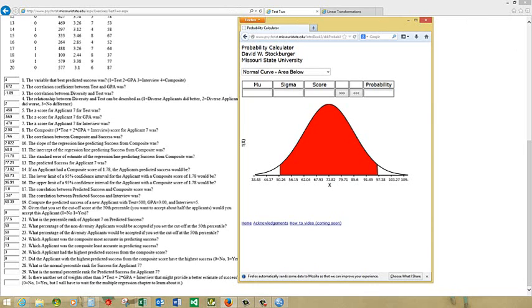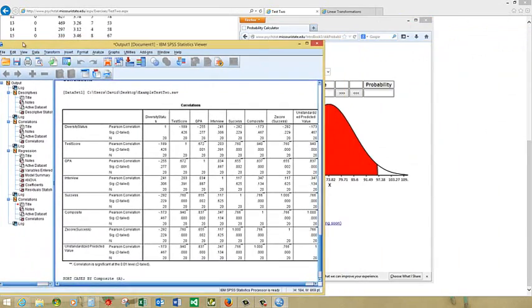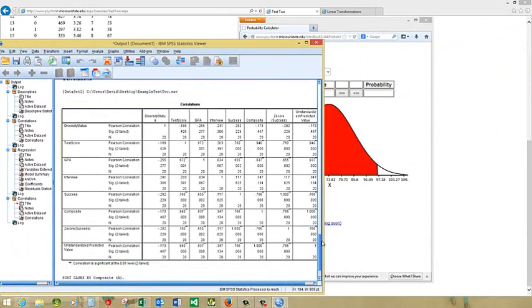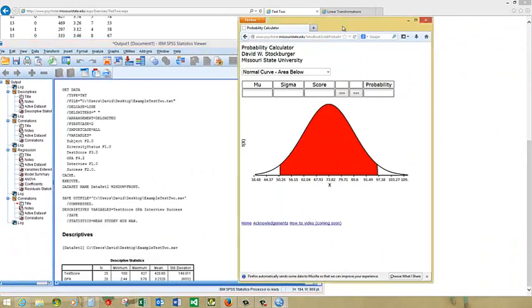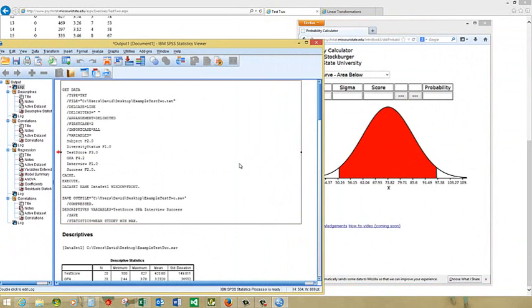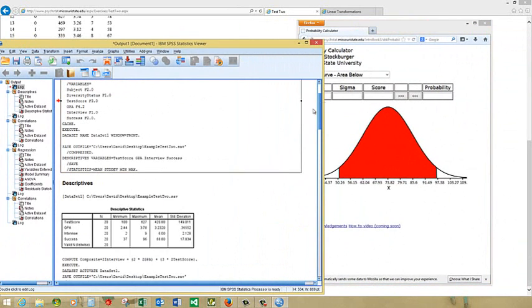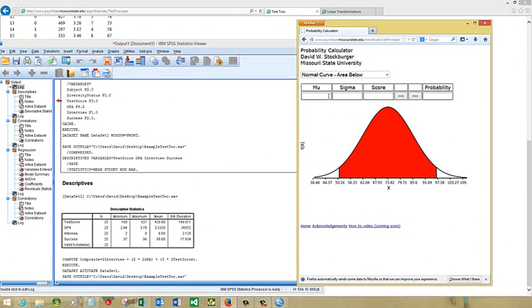I can pull up our data over here. The mean for success was 68.8. Sigma was 17.834.